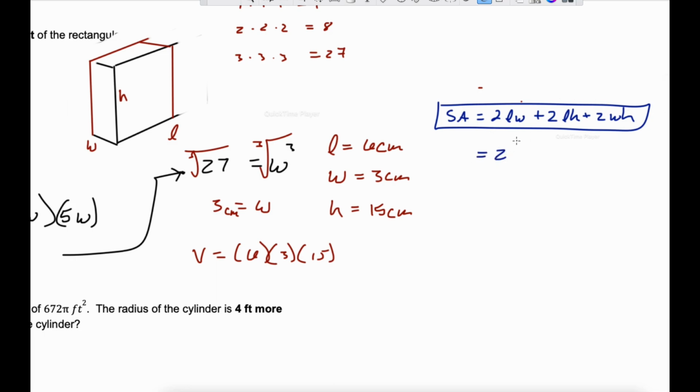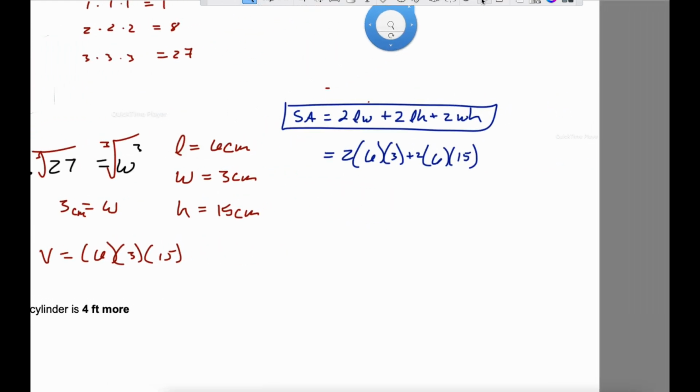So we got 2 times 6 times 3 plus 2 times 6 times 15. We have 2 width and height, so we've got 3 and 15.